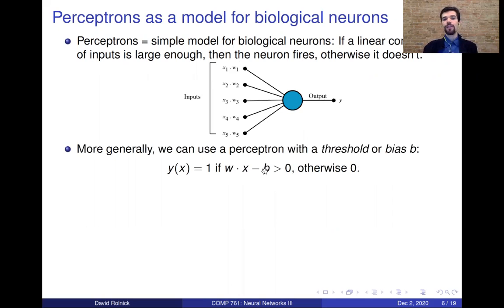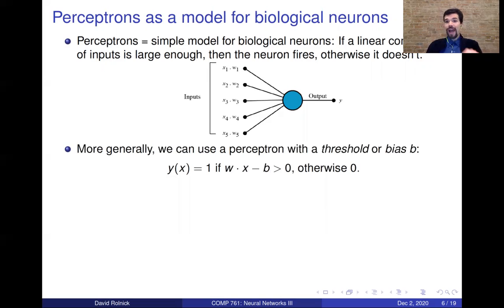And we say that it does one thing if w.x minus b is greater than 0, and another thing if w.x minus b is less than 0. Again, what we were looking at before was just b equals 0. So it does one thing if w.x is greater than 0, it does another thing if w.x is less than 0. So what we were looking at is just a special case of this where the threshold is set to 0.